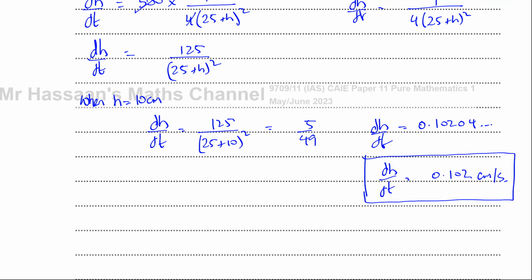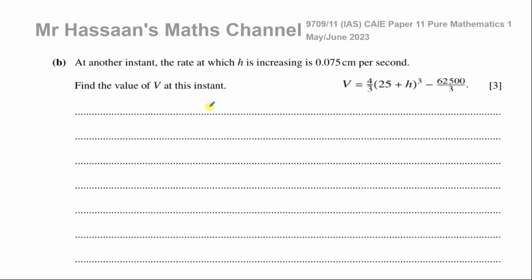Now, part B says, at another instant, the rate at which h is increasing is 0.075 centimeters per second. So they're saying at some other point, dH/dt has a value of 0.075 centimeters per second. So we want to find the value of V at this instant.